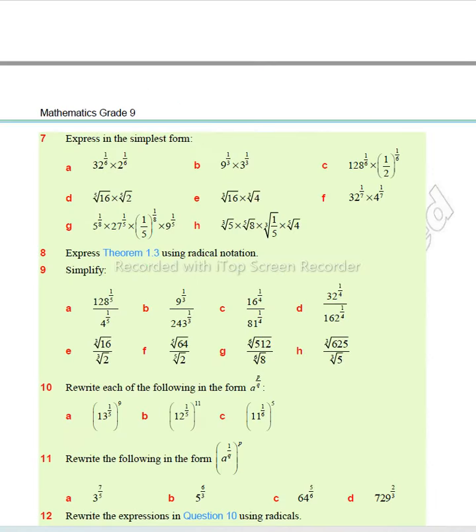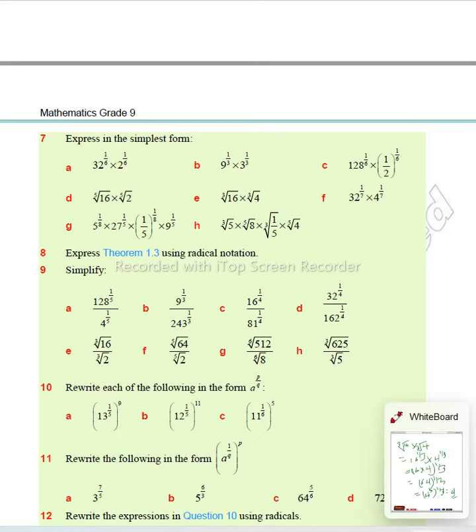Let us now do G, because H and G are not similar.